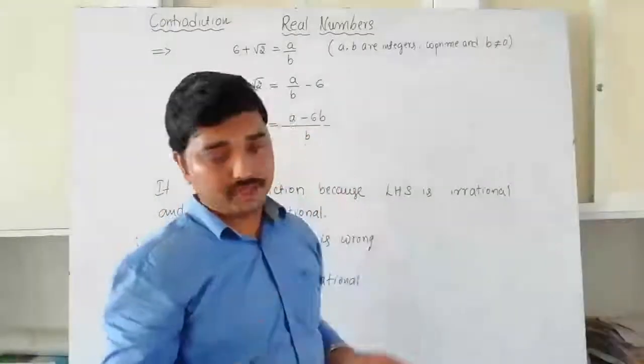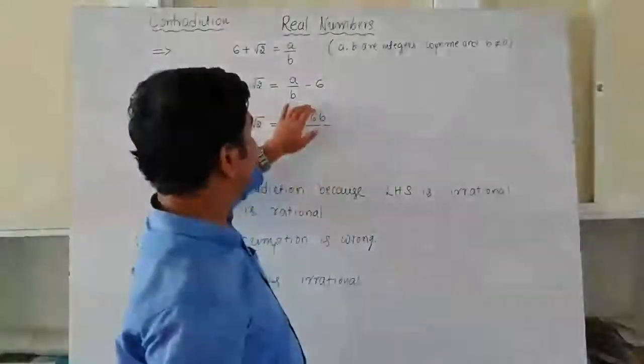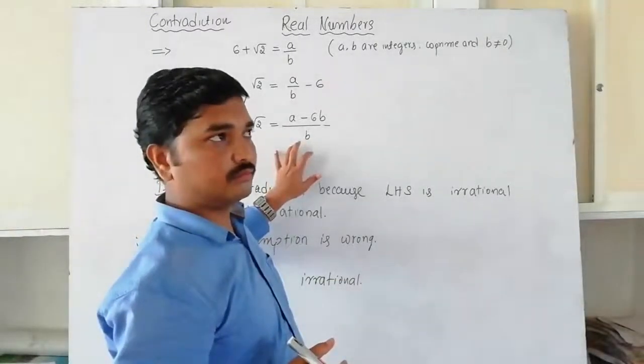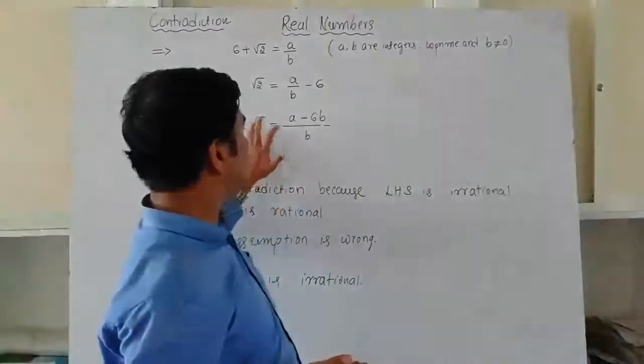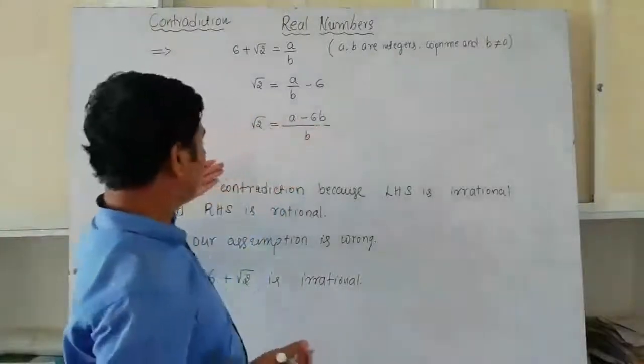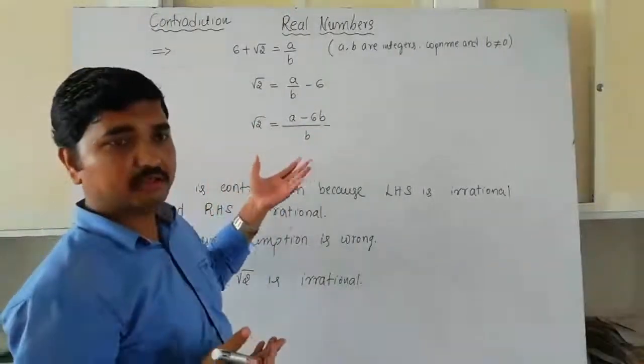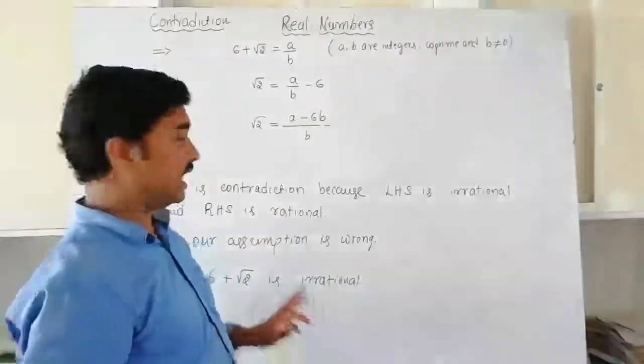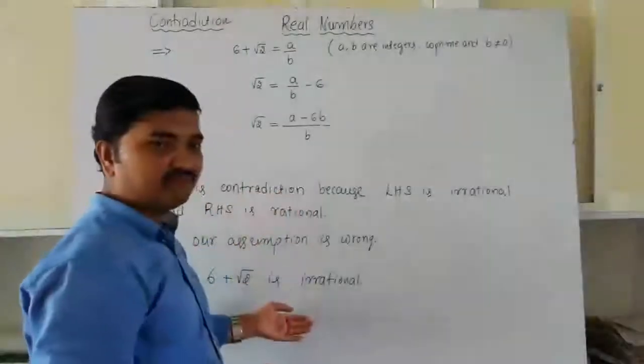It is in the form of p by q, so definitely it is a what kind of number? Rational number. Okay, now it is irrational, now it is rational. So once again it is a contradiction. Contradiction means wrong. It is a wrong statement or a wrong equation. Then you can write the same sentences.